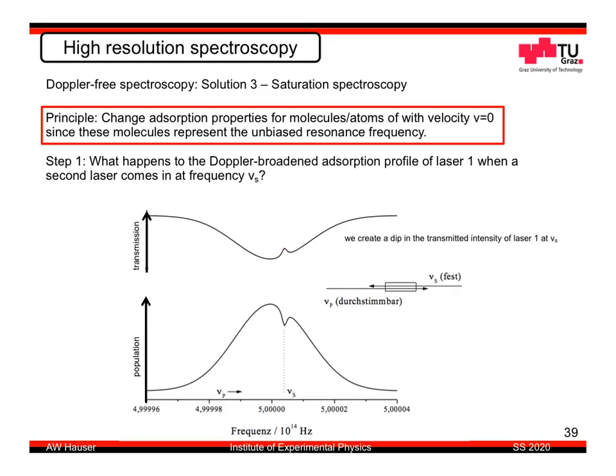Why? Because the second laser that came in at this constant frequency, so with this fixed energy, creates a hole for us basically, because this laser is already exciting the molecules with this energy.